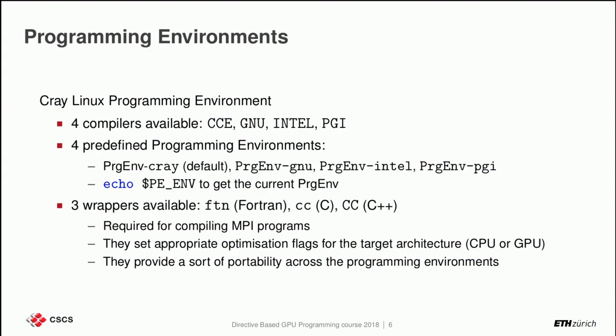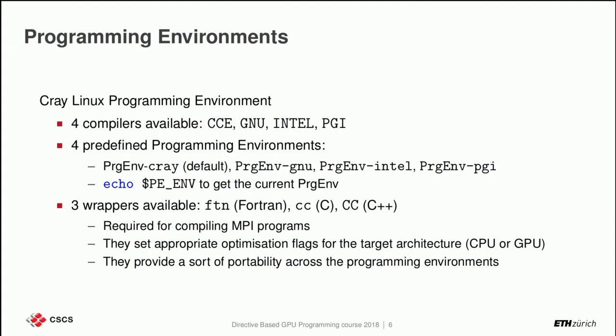The important thing with these environments is that they provide you with wrappers for the compilers. So you don't have to type gcc or Cray cc or something like that. Instead, you use those wrappers: ftn for Fortran, cc lowercase for C, CC uppercase for C++.